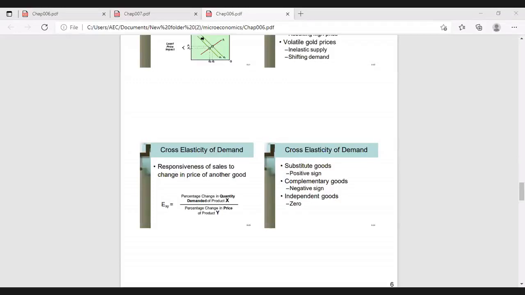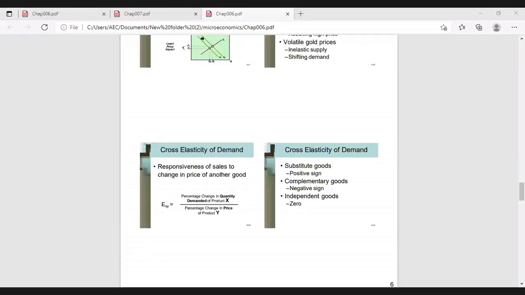So the government also wants to know the cross elasticity of demand. Like that, there are applications of cross elasticity. All companies want to know the cross elasticity of demand with the competing firm or complementary product.